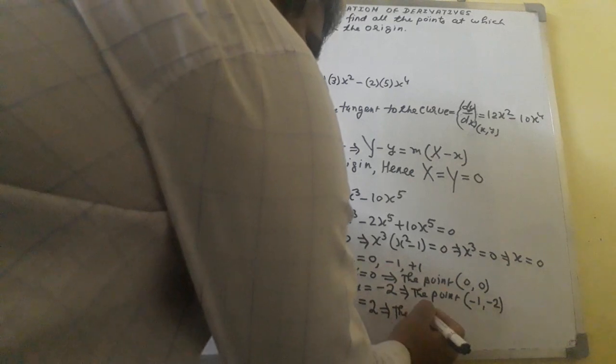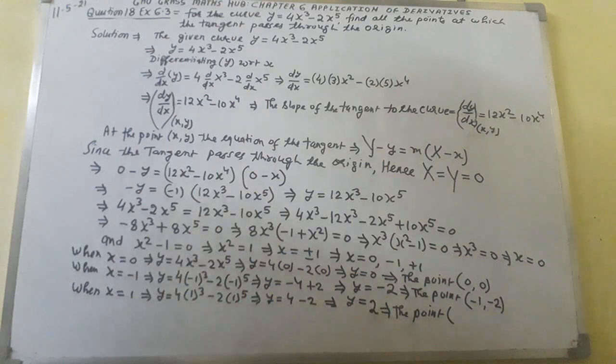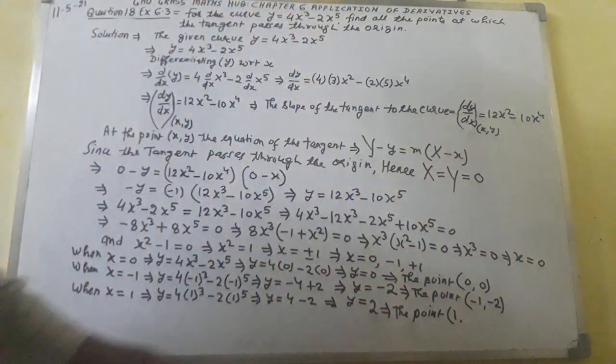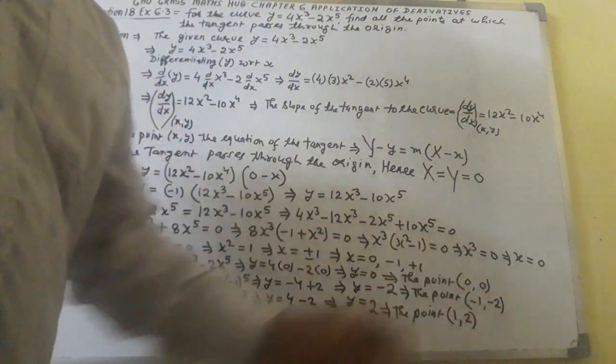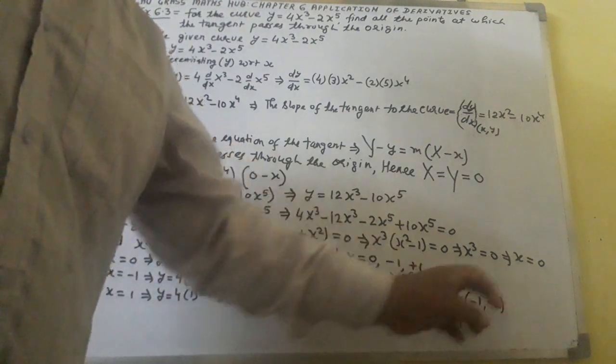So here write minus 2. Here again I shall write the point x equal to 1, abscissa 1, ordinate y equal to 2. The one point we have got 0 0, second point we have got minus 1 minus 2, third point we have got 1 2.